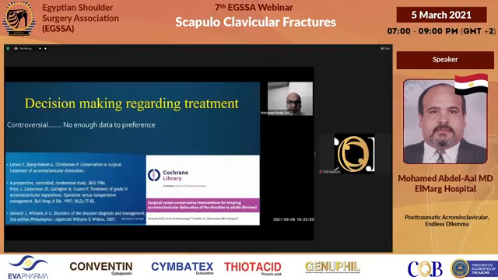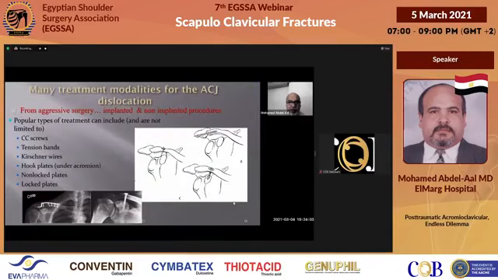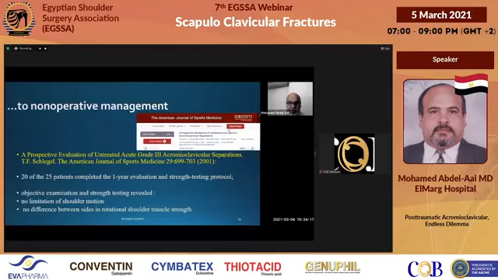You see here a lot of articles talking about the use of conservative and operative treatments. Many treatment modalities have been discussed regarding AC joint dislocation, ranging from aggressive surgery, whether implanted or non-implanted, including coracoclavicular screws, tension band, K-wires, hooks, plates, to the non-operative management.